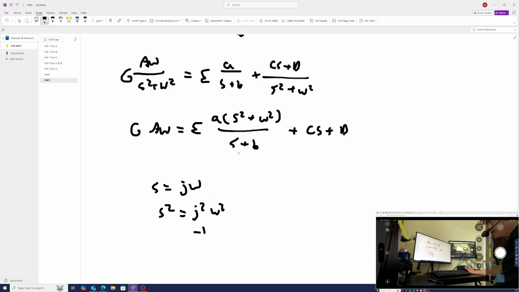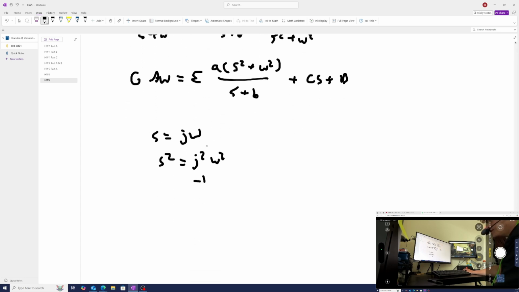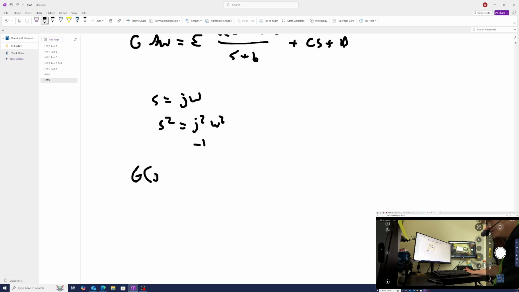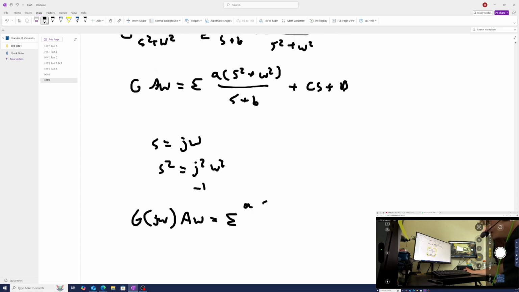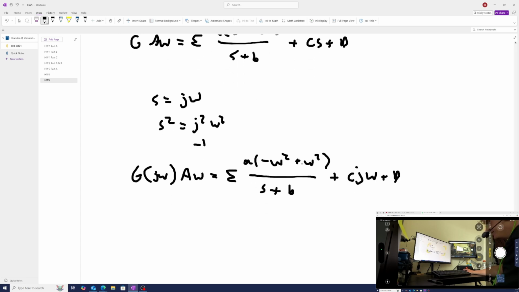And if we were to substitute this back into our equation, we get G of j omega times A omega is equal to the sum of our A s squared, which we know is just equal to -omega squared plus omega squared over s plus B, plus C omega j plus D. And because omega squared plus -omega squared is equal to 0, this whole term is canceled out.